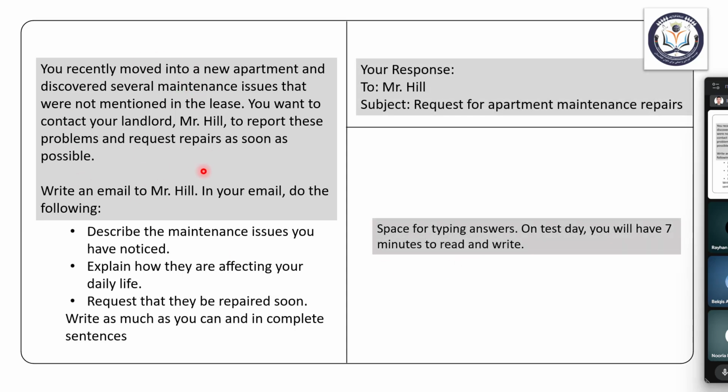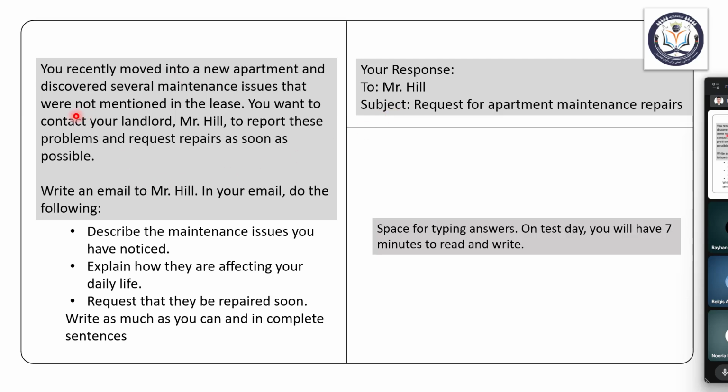First of all, there is a scenario. Then there are 3 bullet points that are given to us in order to cover in the response. Then there is the section which introduces who the email is sent to and what the subject of the email is.